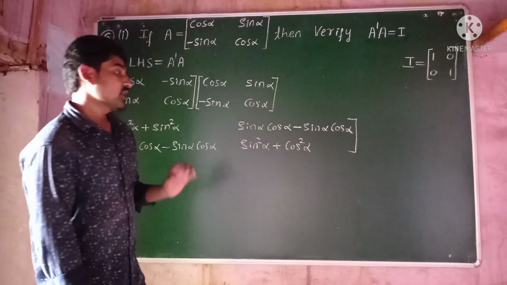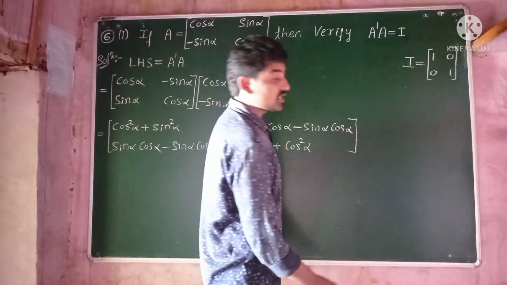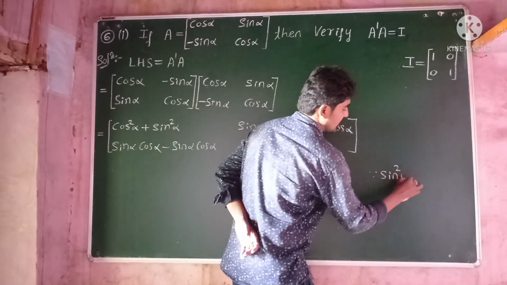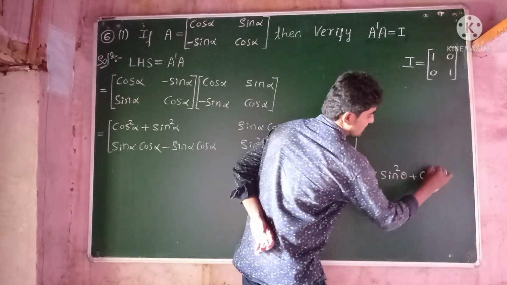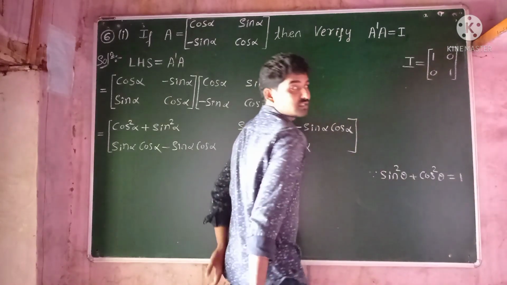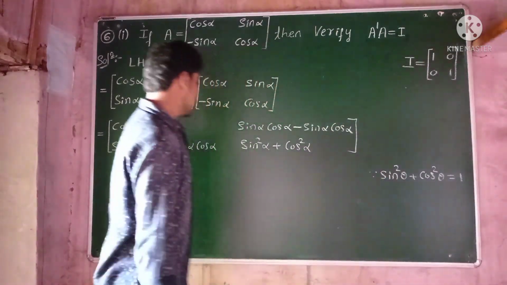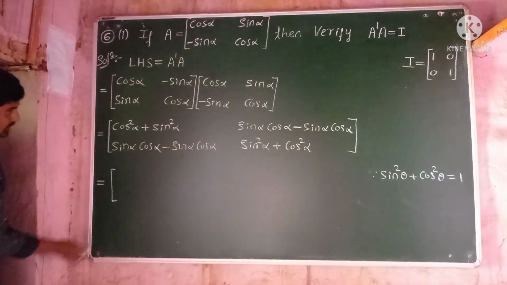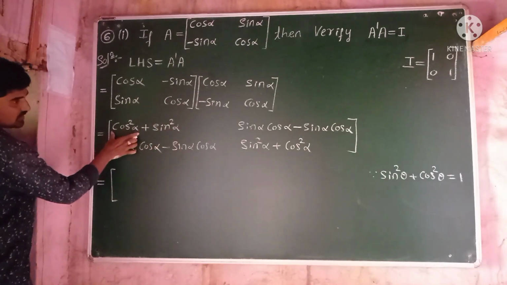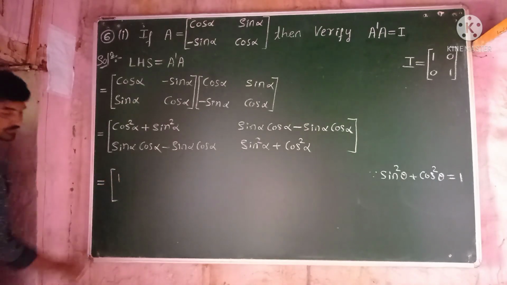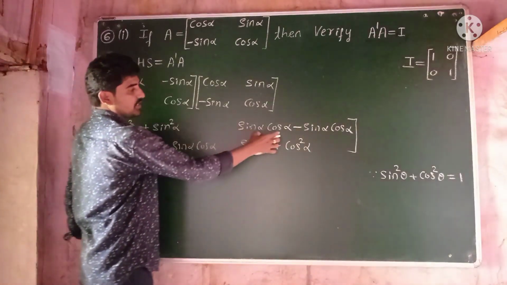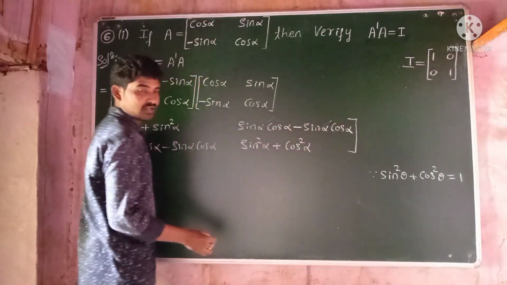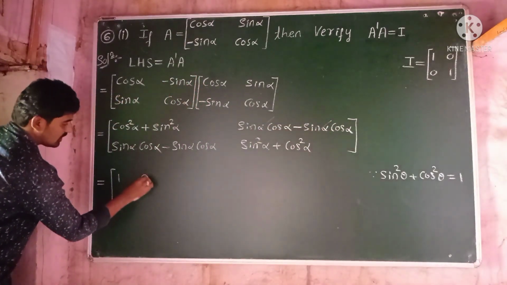So we know one of the basic identities of the trigonometric functions, that is sin square theta plus cos square theta is equal to 1. By using this identity, sin square alpha plus cos square alpha is equal to 1. Sin alpha into cos alpha minus sin alpha into cos alpha get cancelled, the answer is 0.